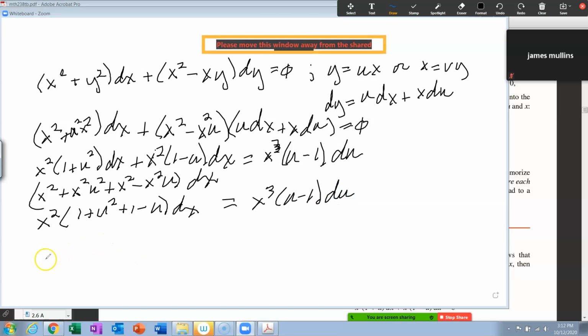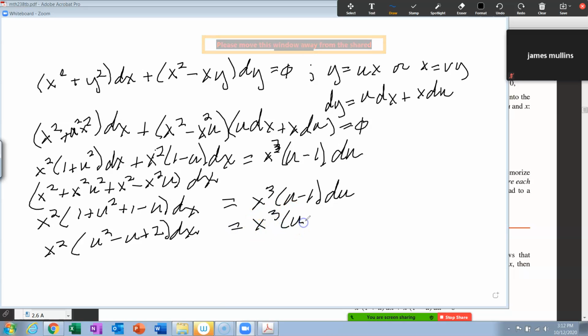Okay. Now, it's going to be an x squared here. Now let's rearrange this slightly. u squared minus u plus 2 dx is equal to x cubed u minus 1 du over here. Now, will this factor?